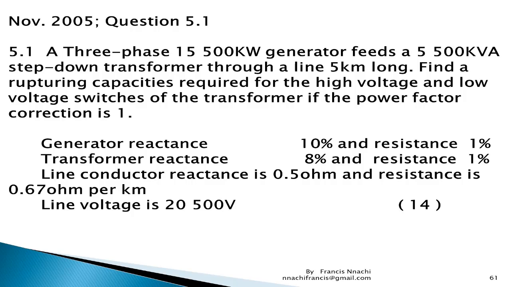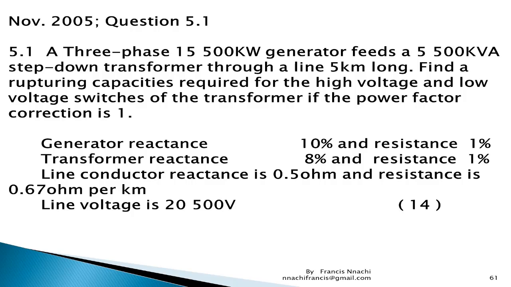And then transformer reactance, X, is 8%, and resistance is 1%. And then the line conductor: reactance, 0.5 ohms per kilometer.